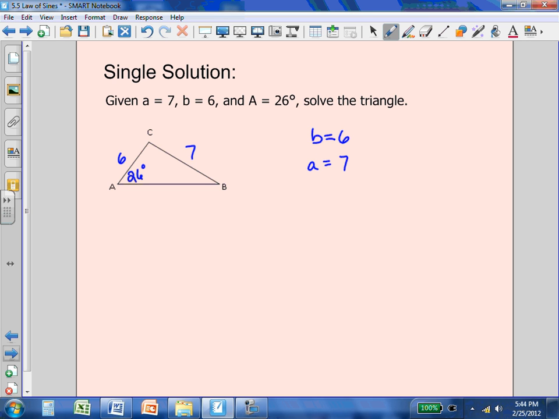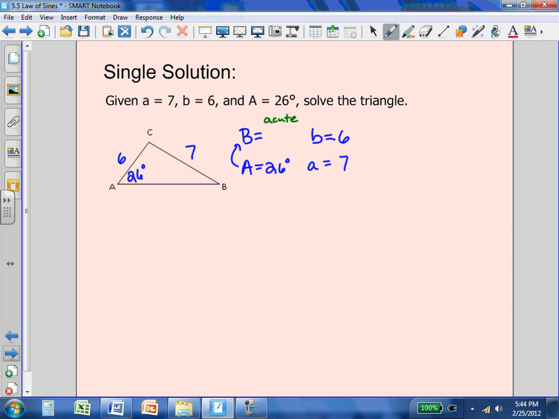So B is smaller than A. And then I have the angle A is 26 degrees. That tells me that angle B must be even smaller. For sure, angle B must be acute. There's no way it could be obtuse. Otherwise, we wouldn't have a triangle.